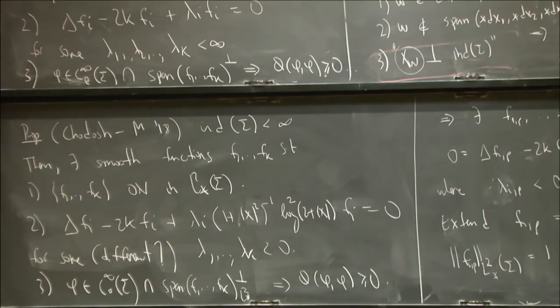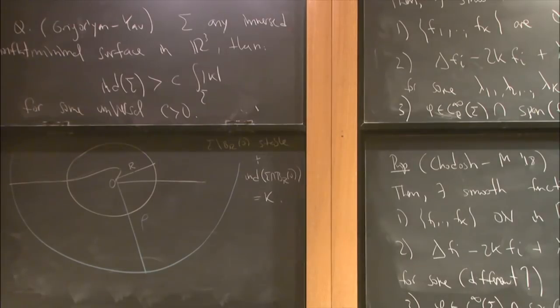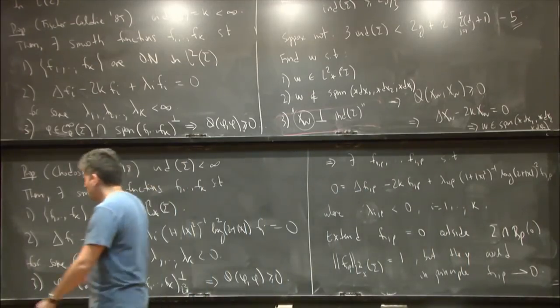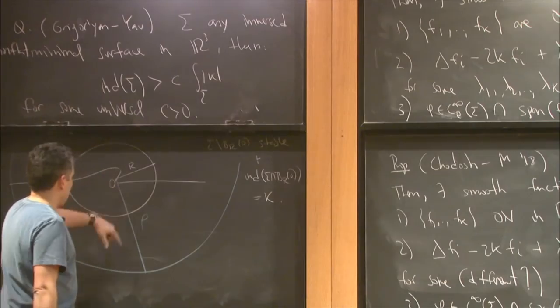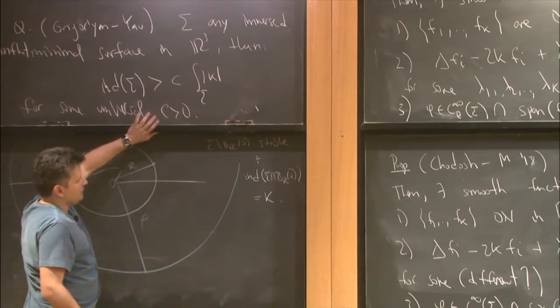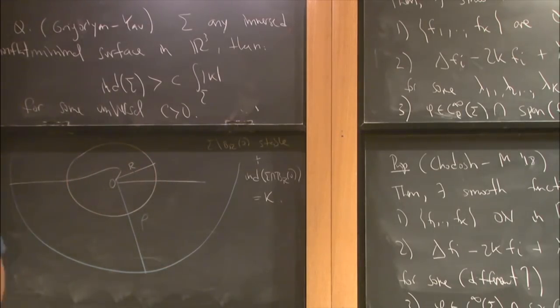But phi equals 0 satisfies an equation like that, but it's no use for you. It's not an eigenfunction, right? So the whole point is somehow to control the norm of these phi rhos outside this ball. And again, the stability inequality that we have outside here is going to be crucial for us.